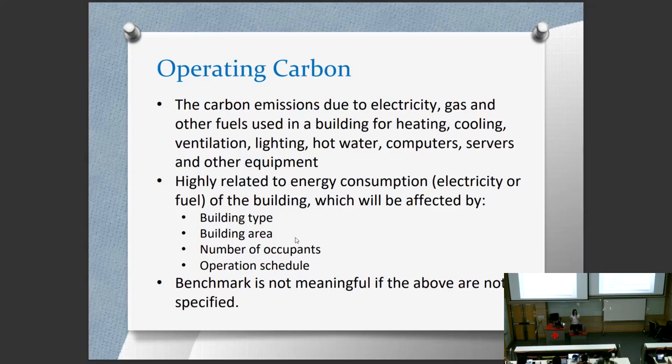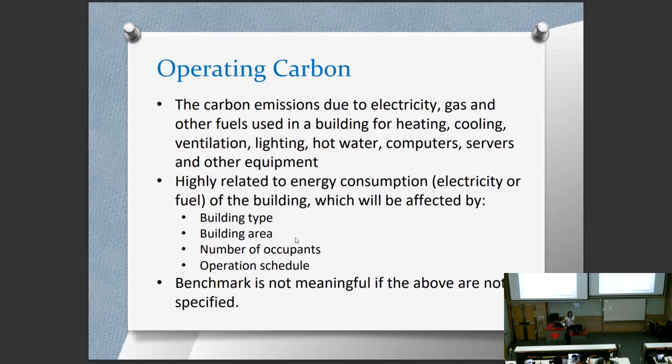The operating carbon is highly related to energy consumption, maybe electricity, maybe other kinds of fuel. The energy consumption will be affected by building type: whether it is a commercial building, residential, a restaurant, a retail shop or a shopping center, all these will affect the carbon emissions per square meter. And the building area: definitely a larger building will probably result in higher carbon emissions.